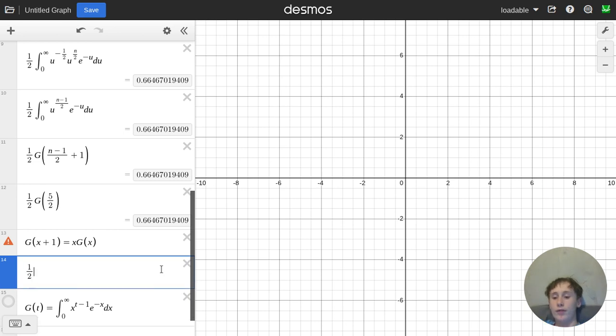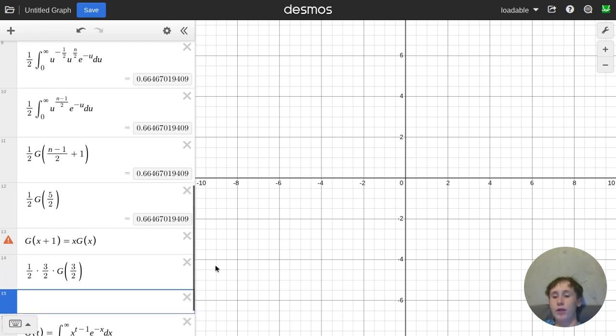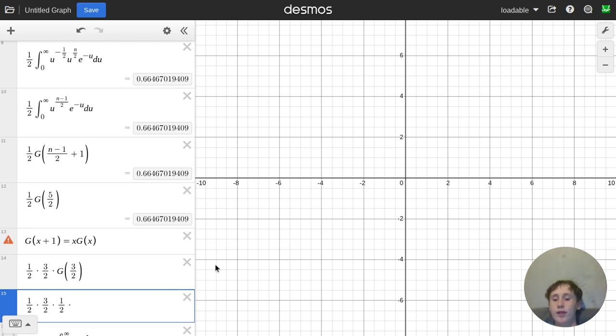So 1/2 times 3 halves. Okay. 3 over 2. Then we continue. 1/2 times 3 halves times 1/2 times gamma of 1/2.